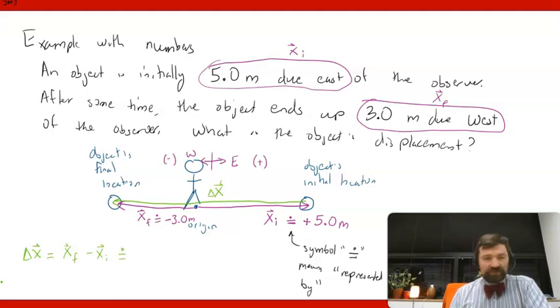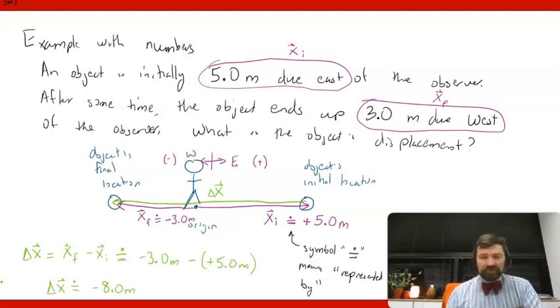So in representative terms, that would be minus 5.0 meters minus positive 5.0 meters. And from here it's just algebra. We have negative 5 minus 5. That gives us a delta x of negative 10.0 meters.